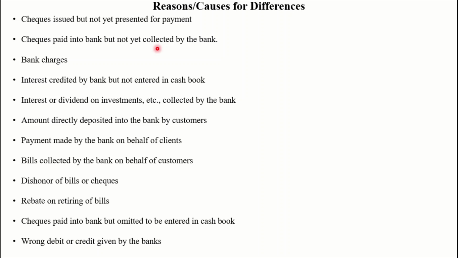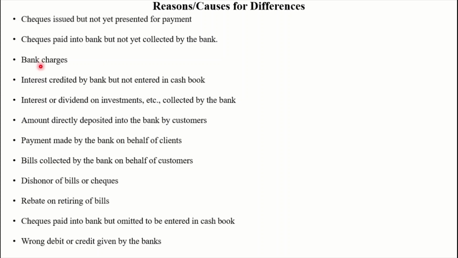His bank balance in the cash book is therefore increased, but the bank credits that check not when it is deposited but only when that amount has been realized. Until the check has been collected, the balance appearing in the passbook would be less than the balance in the bank column of the cash book.